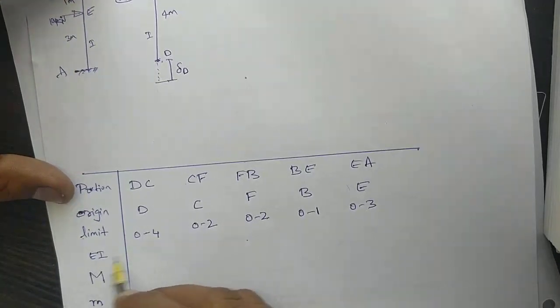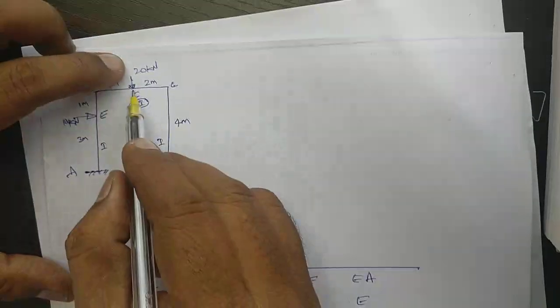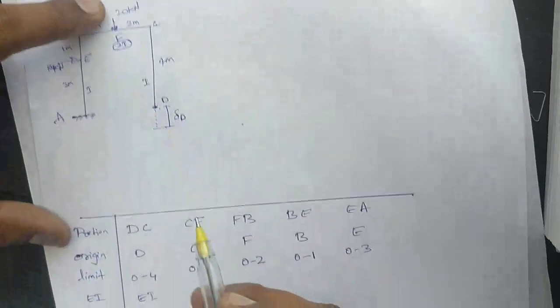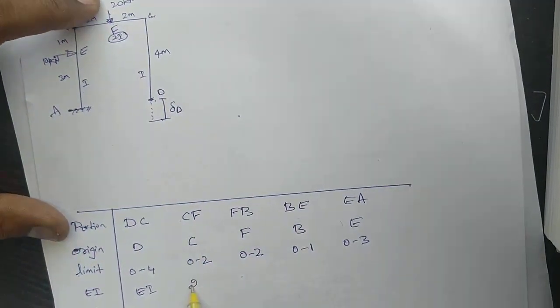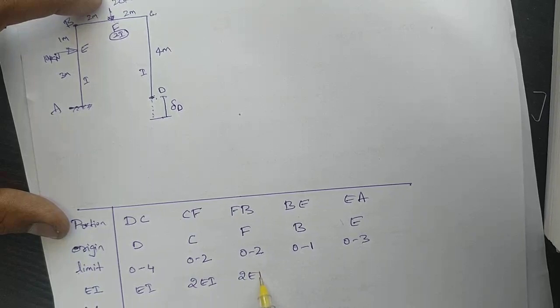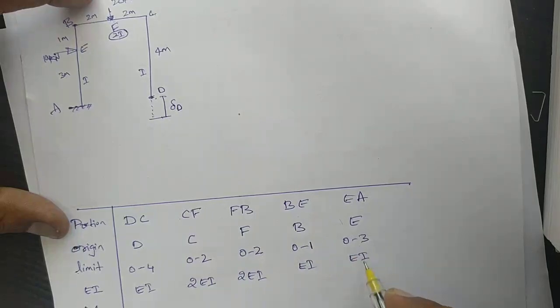And EI values, so you have EI as EI. For FC we are having 2I, so EI will become 2EI. Even for FB it will be 2EI, and BE it will be EI, and EA it will be EI.